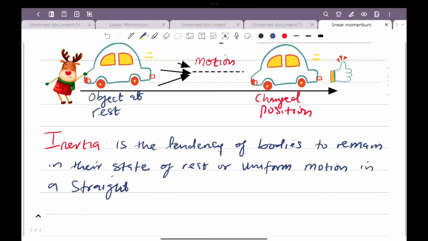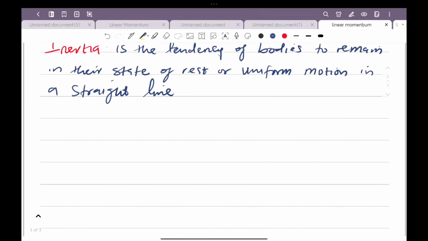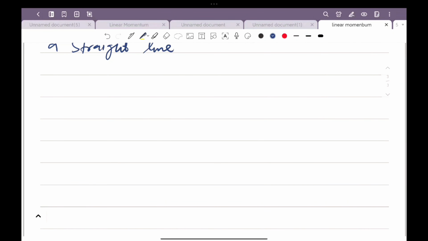So when a body is static, it tends to remain static. When a body is in motion, it tends to continue in that state. You can regard that to be inertia. Are we together? Now let's proceed further.